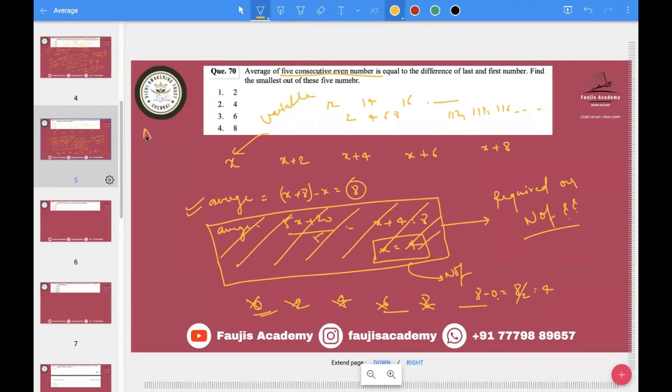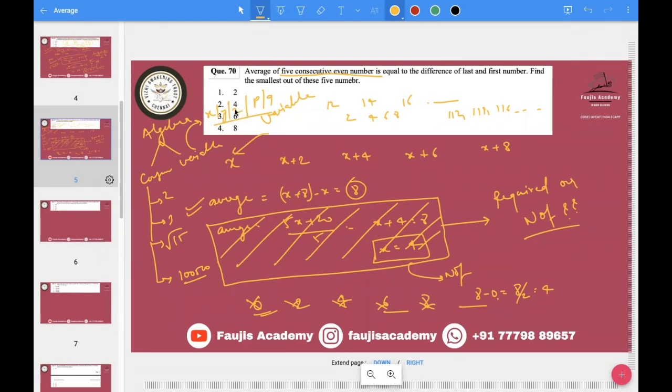In algebra, there are 2 things: constants and variables. Constants, their value we know, like 2, 3 root 15, 1500, some random number. Variables are what? X, Y, Z, P, Q, whatever. We don't know the value of x.